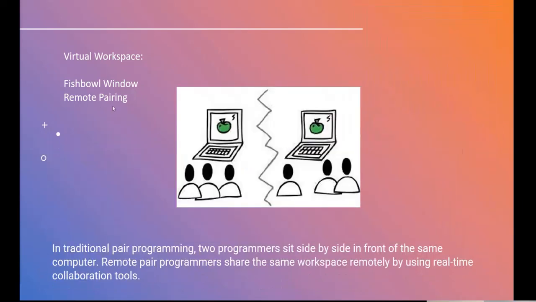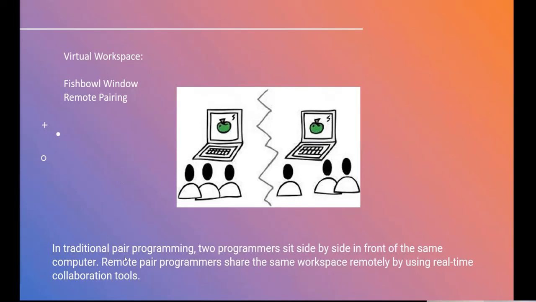And the next one is remote pairing. Remote pairing means one programmer is doing the programming, and there will be another person who is checking or monitoring the code writing, and can point out inefficiencies or any bugs. So remote pairing can be virtual, or it can be two people in the same place.